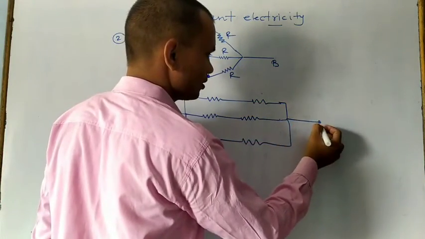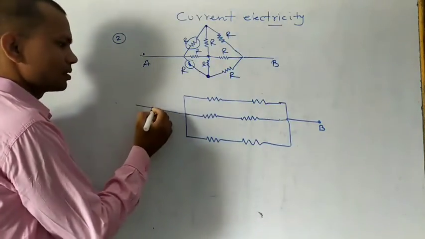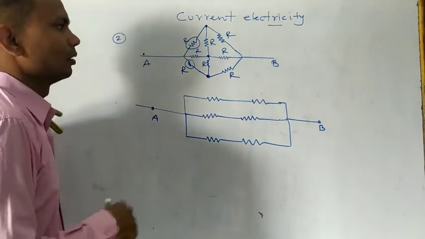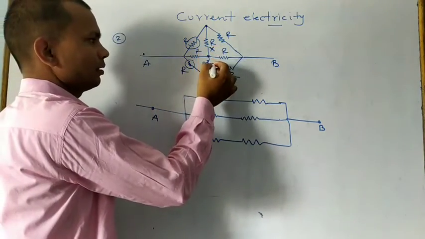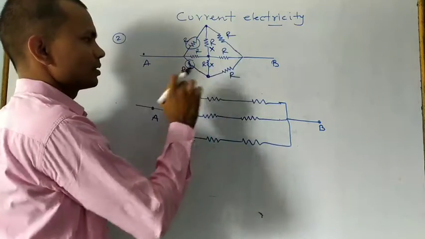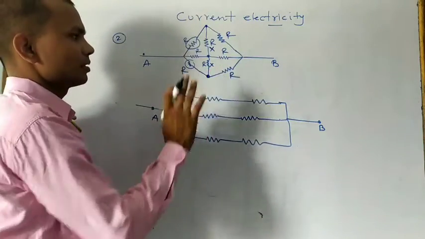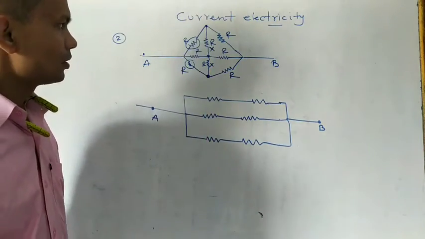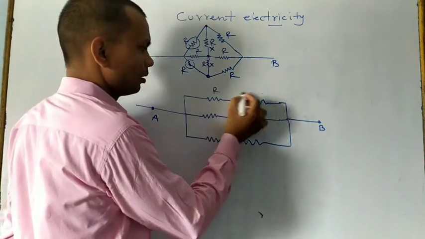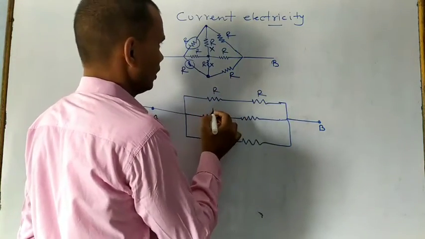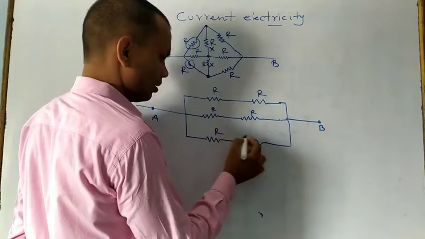This is the other end B, and this is A. We neglected this due to the same potential at this point and this point. So this is R, and this is R, this is R and R.